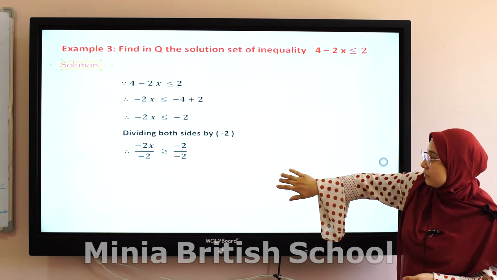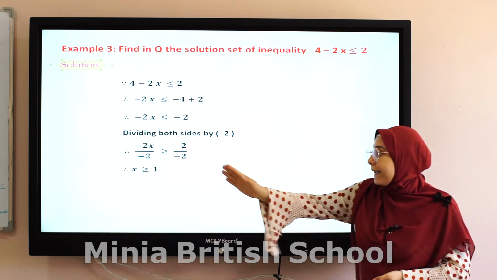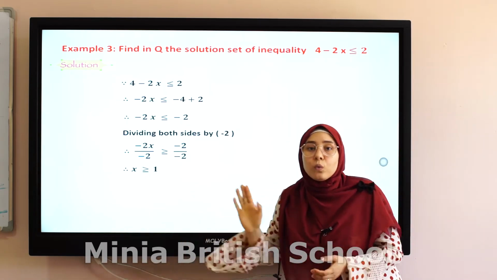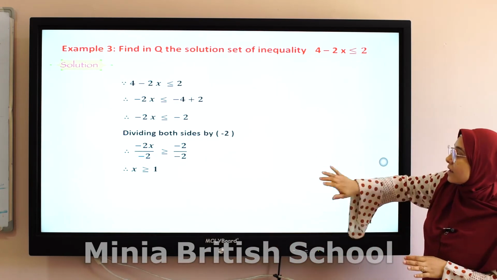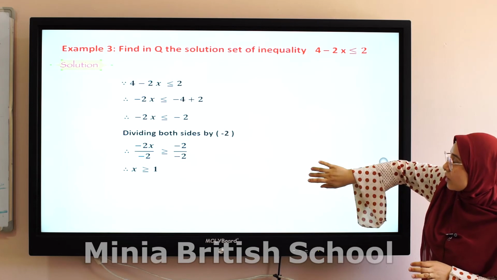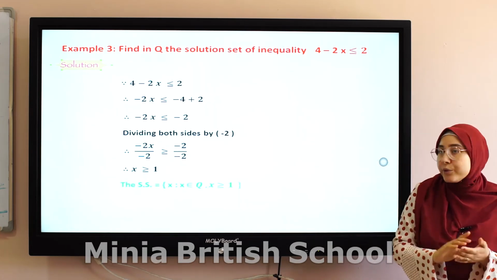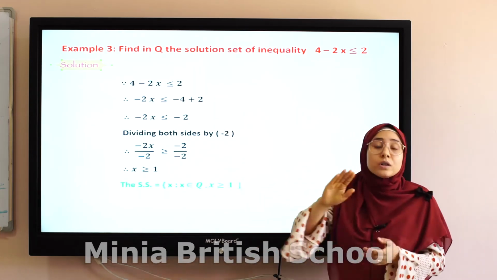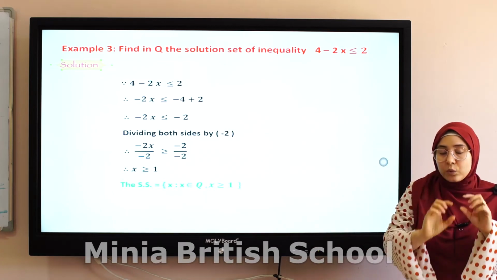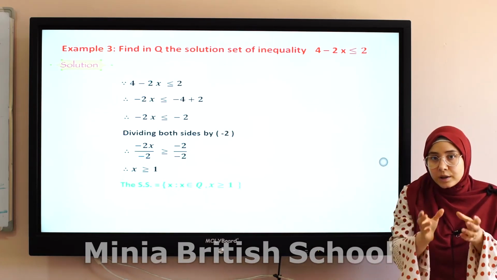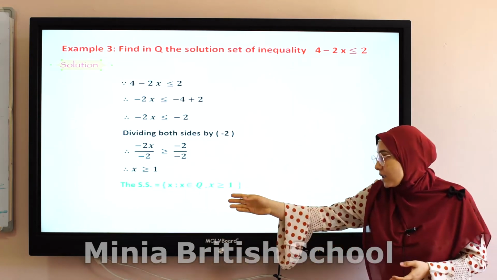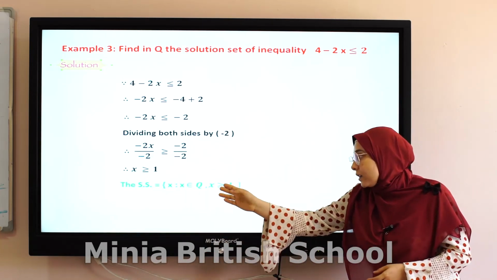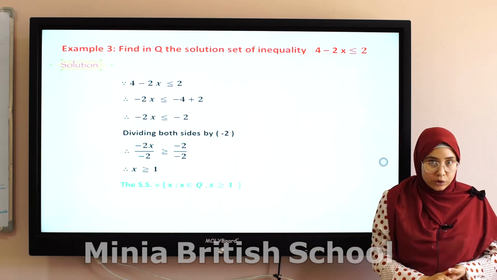So x is greater than or equal to 1. Now I can write the solution set in the rational numbers. Remember, I said rational numbers. So I will write the solution set by the description method. So the solution set equals x, where x belongs to Q and x greater than or equal to 1.